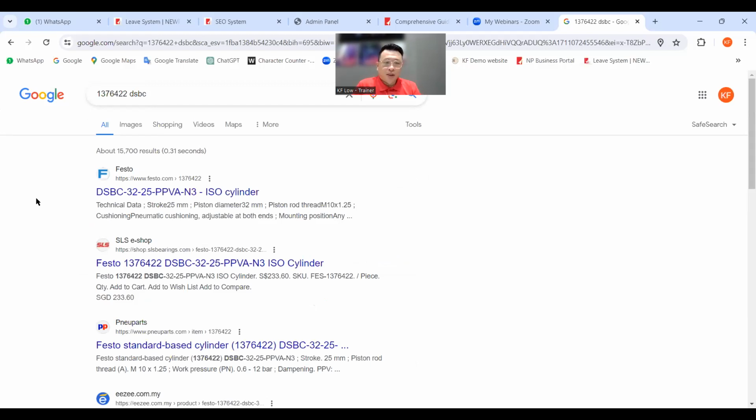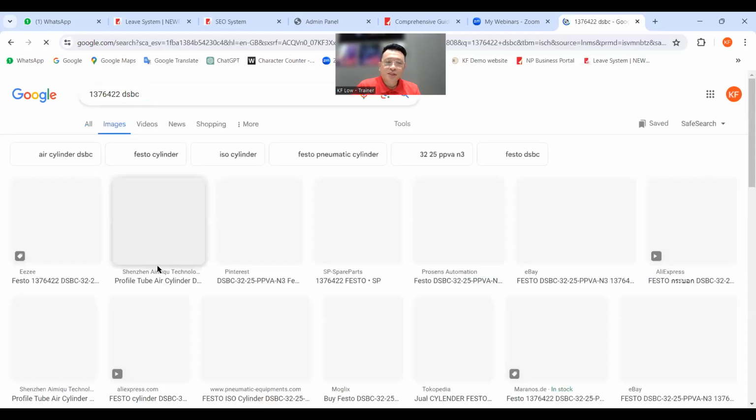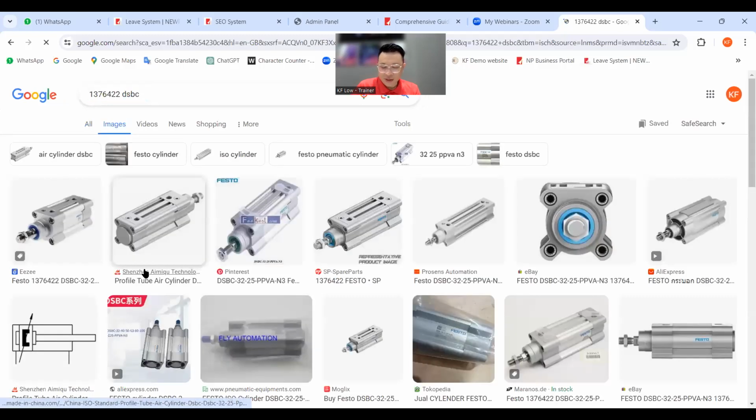But the thing is, when you put this code and I look at the image, this is actually a standard-based cylinder. In fact, the first time I looked at it, I also didn't know what it was, what its function was, or what its purpose was.